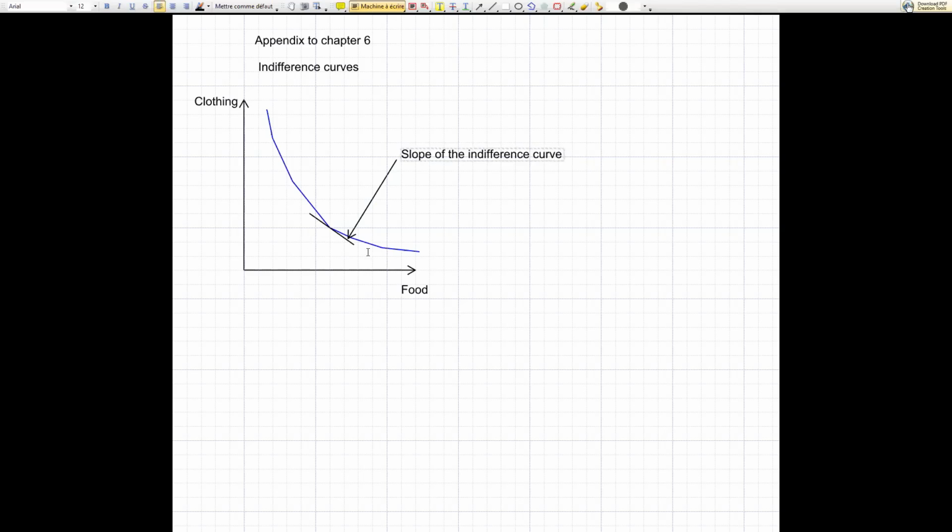This is the definition of the slope. You see that it's sort of a tangent line to this curve, that would be a curve if I could draw it perfectly. Somebody remember the name of that? Anyways, let's rewrite it. It's the marginal rate of substitution.